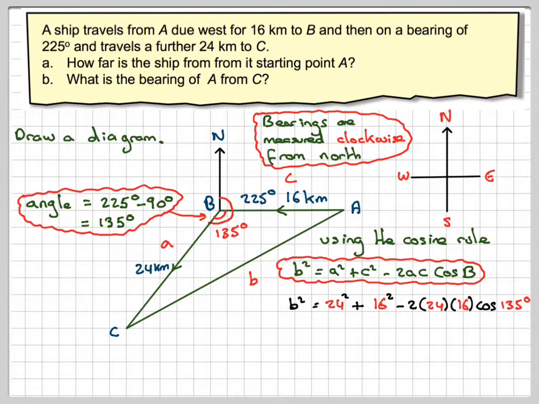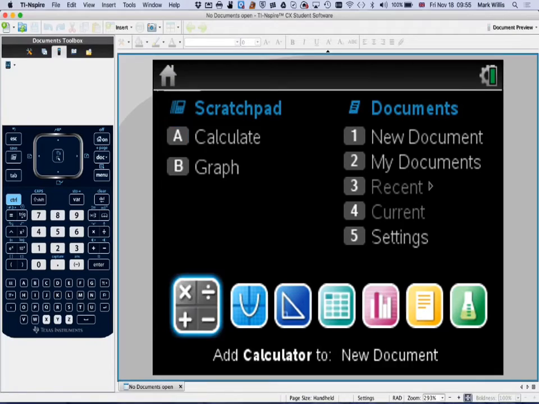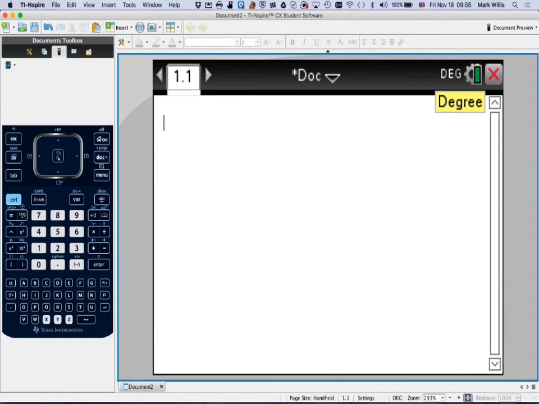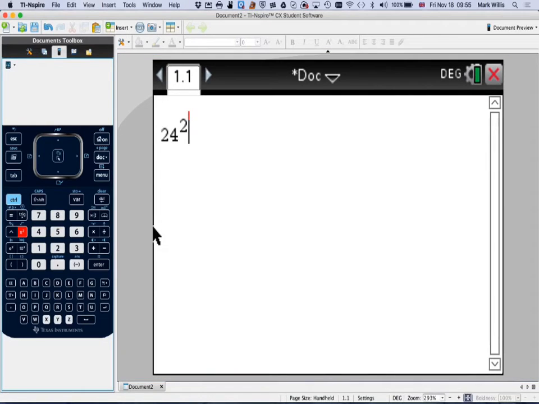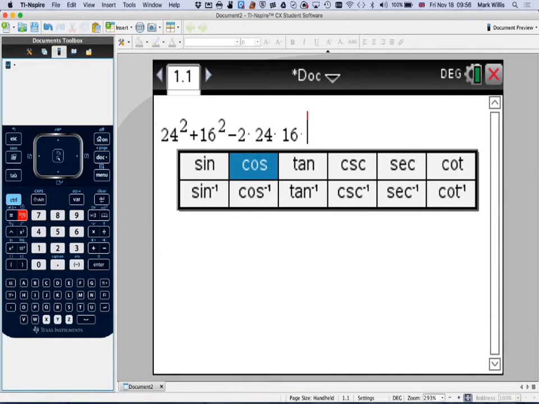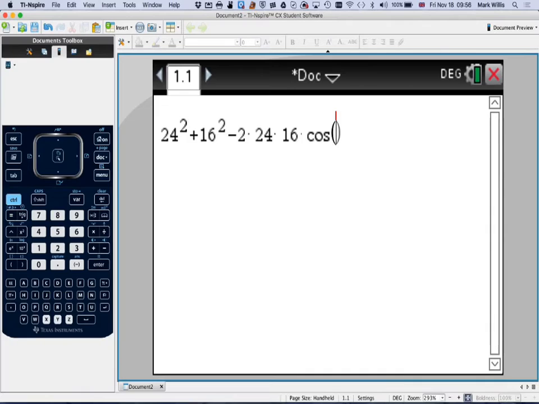Jumping over to my calculator and selecting a calculation mode, check that you're in degrees, and then do 24 squared plus 16 squared minus 2 times 24 times 16 times cos of 135.